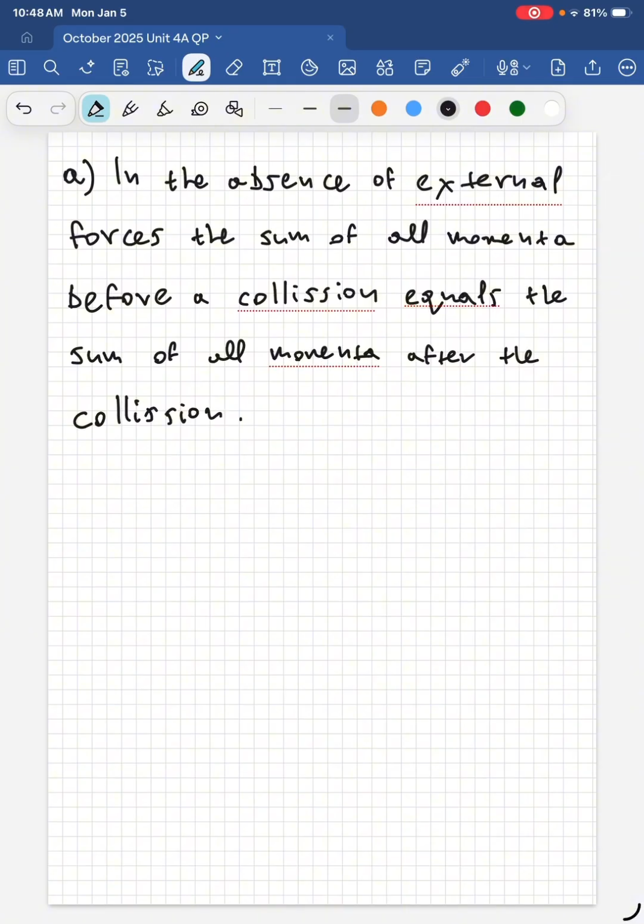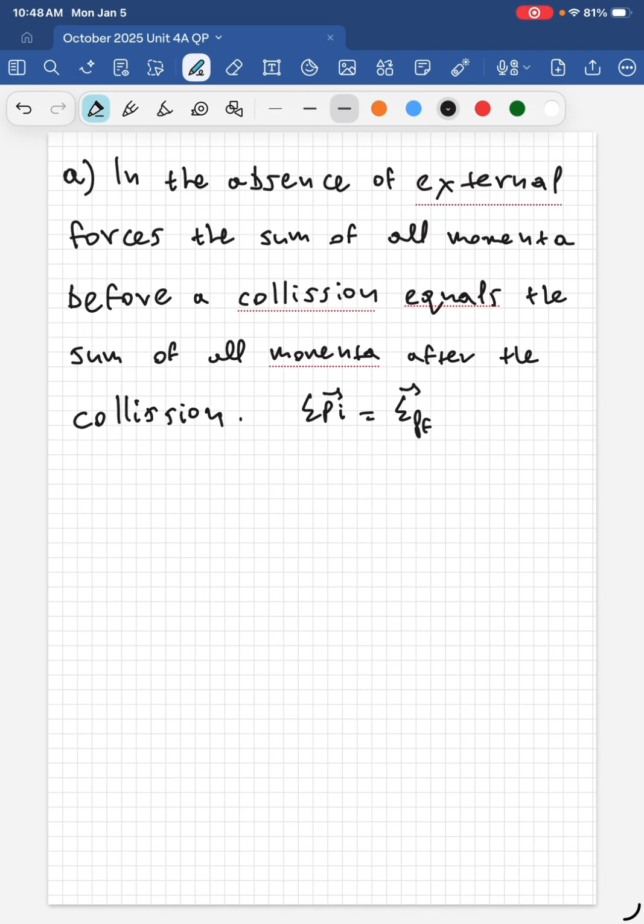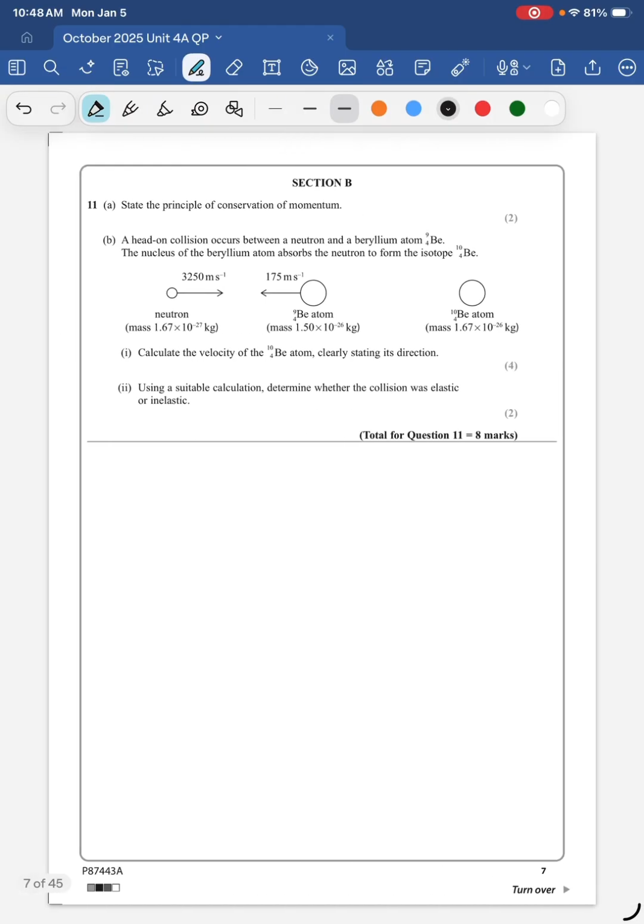And we can also write the sum of all momenta before, or i, which means initial, is equal to the sum of all momenta after. And we have to remember that since this is A-level physics, this includes conservation of momentum in both the x and y axes, okay?